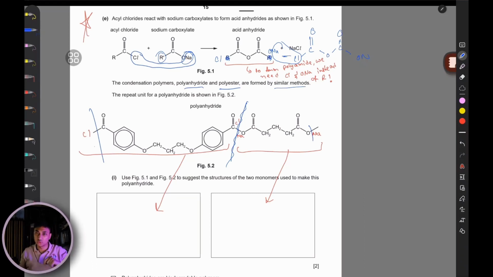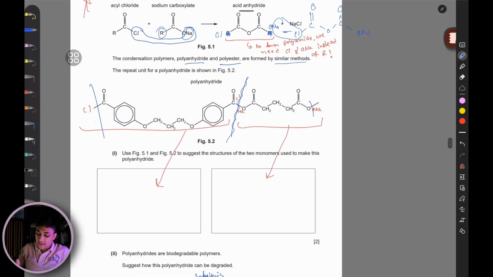The salt group, right? So in case of acyl chloride, what am I doing? Instead of R, I'm adding Cl. What's the benefit of it? I can add multiple monomers of these to form the polymer. My ultimate organic product won't end with one repeat unit, right? It will continue forming a polymer with multiple repeat units.